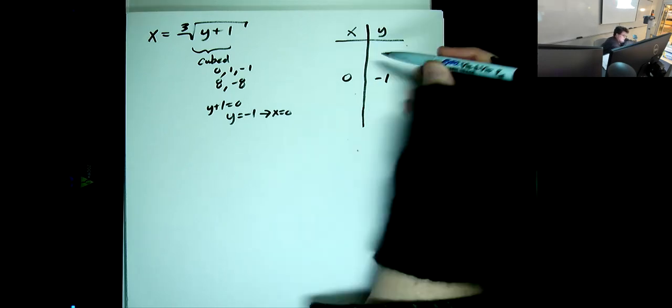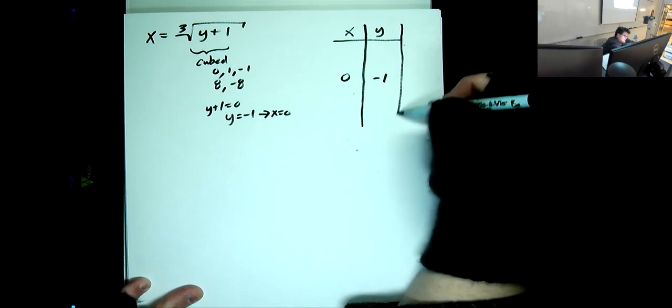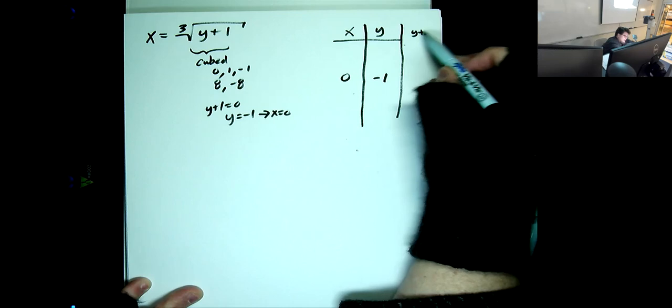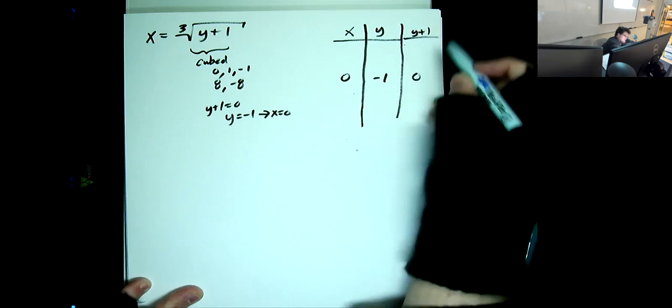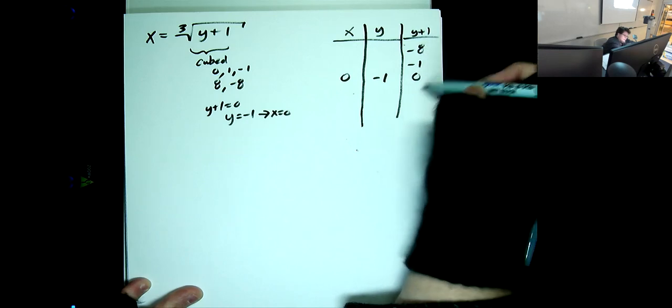If I want this overall thing to be, like, let's see, I had that being 0. I kind of want like -1, -8, 1 and 8.